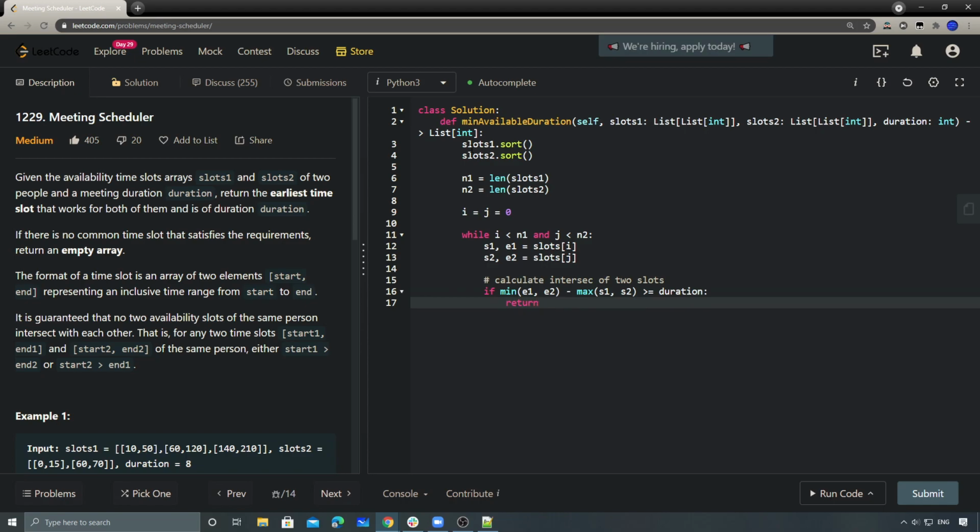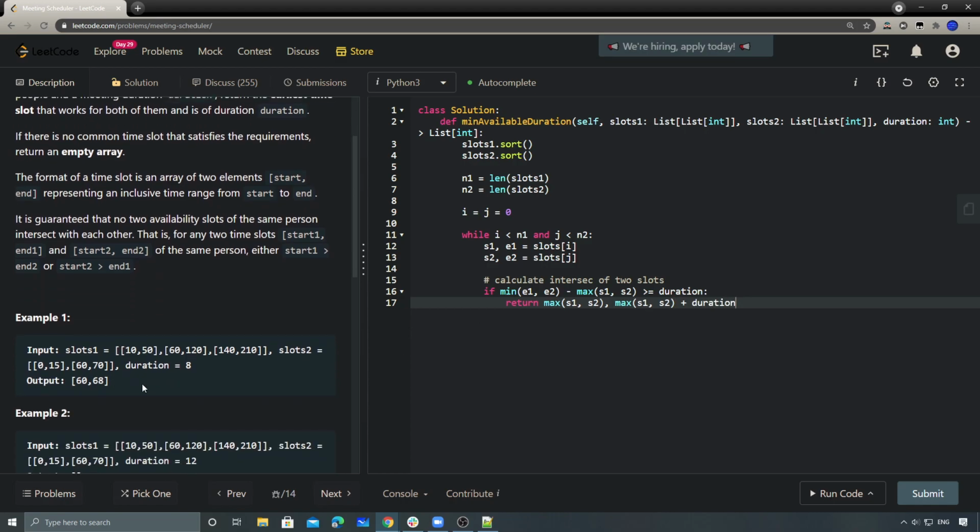So what's the answer? The minimum of e1 and e2 is the ending point of the intersect, and this one is the starting point. We simply return the starting point and the starting point plus the duration. That's how we get this 60 and 68, which means this one is 60 and this one is 68.